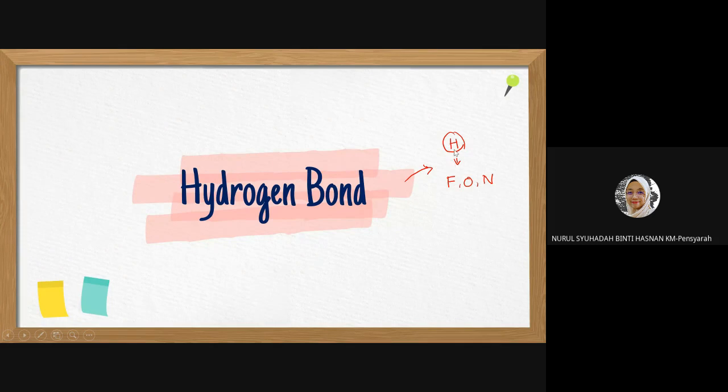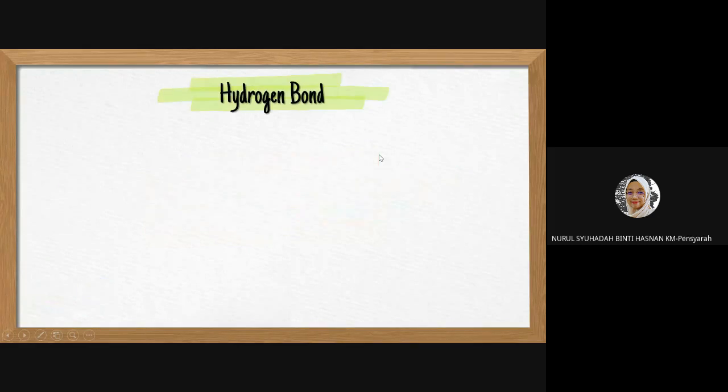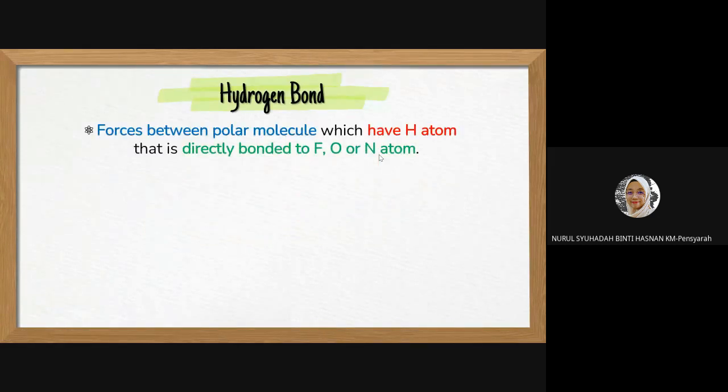Jadi kalau ada hydrogen bonded kepada fluorine, oxygen dan nitrogen, the molecule will have hydrogen bond dekat sini. Hydrogen bond is the forces between polar molecules which have hydrogen atom directly bonded to fluorine, oxygen or nitrogen atom.